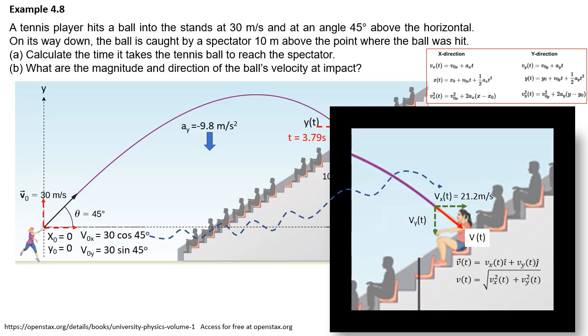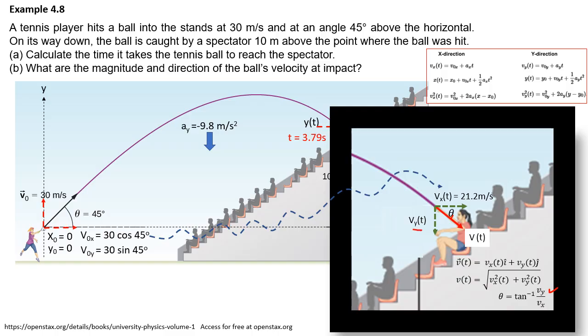Once we know vx and vy, we can calculate the magnitude using this equation: the square root of vx squared plus vy squared. And we can also calculate the angle using the equation theta equals tan inverse of vy by vx. So we need vyt.